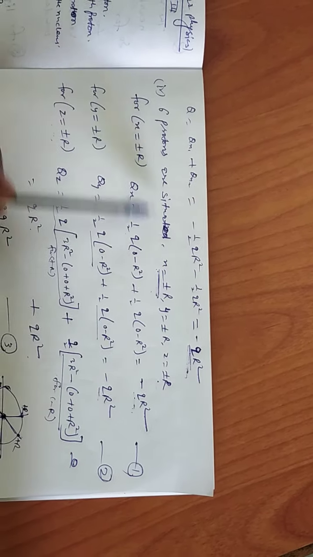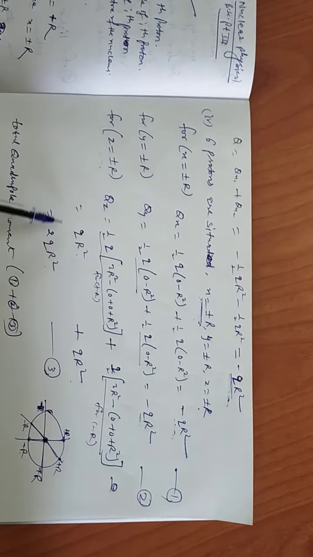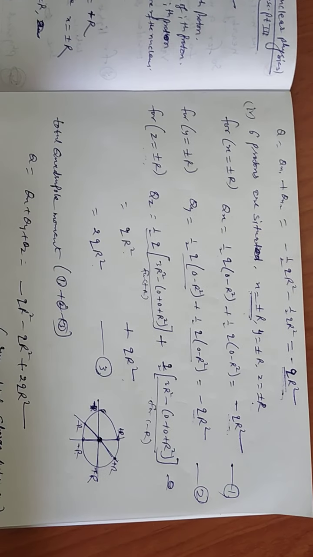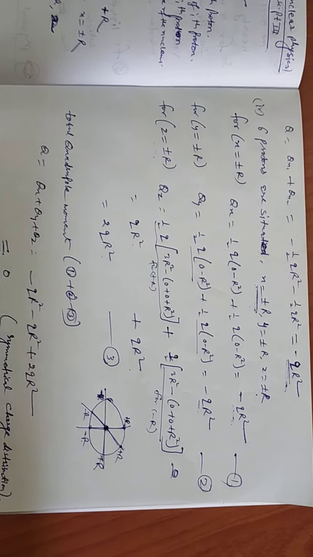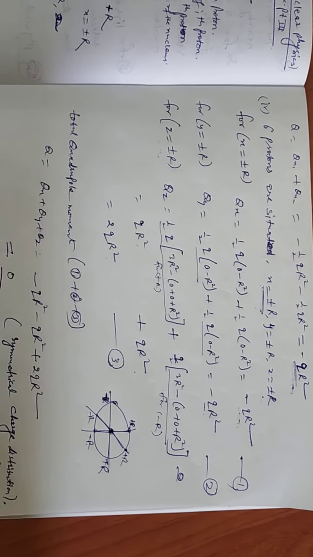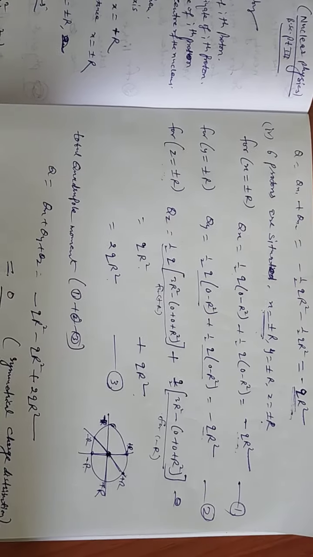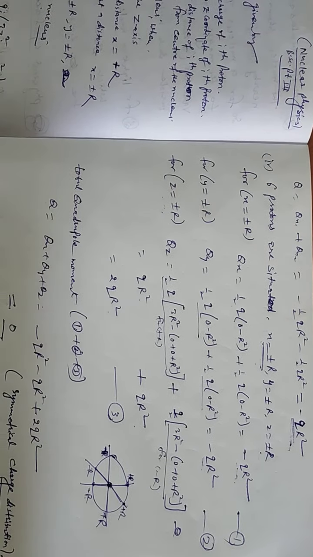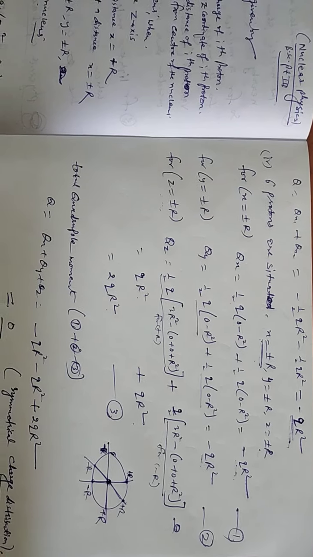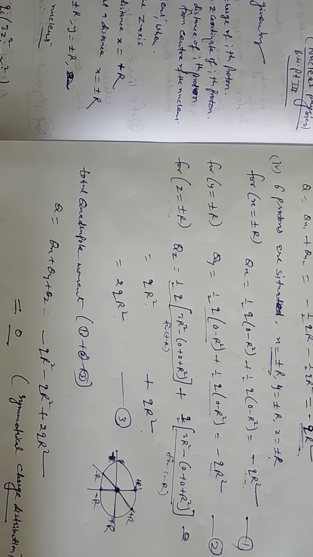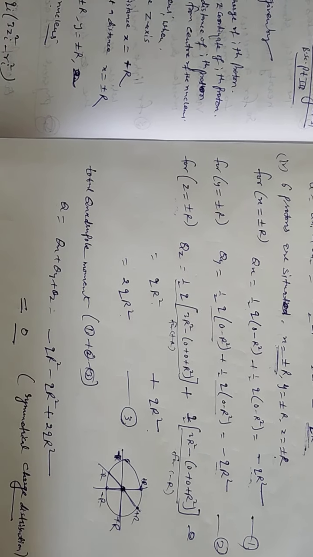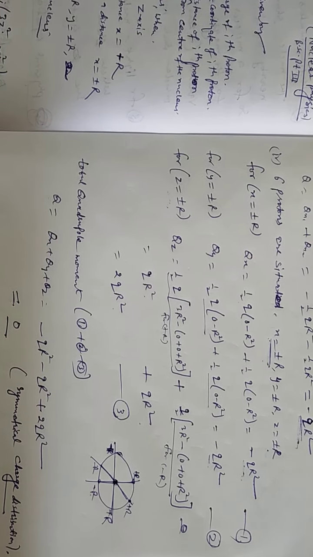Finally this exercise gives us the total quadrupole moment 0, which shows mathematically that the charge distribution is symmetrical. And by definition we also know that if the charge distribution is symmetrical, then automatically the quadrupole moment would be equal to 0 in any condition.